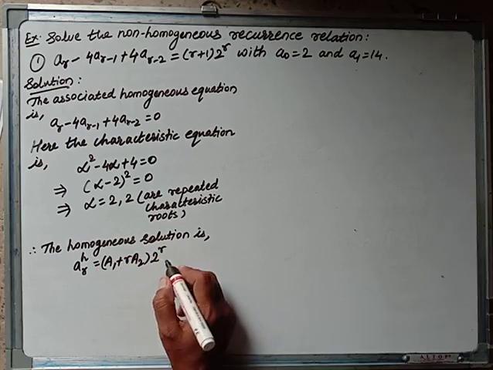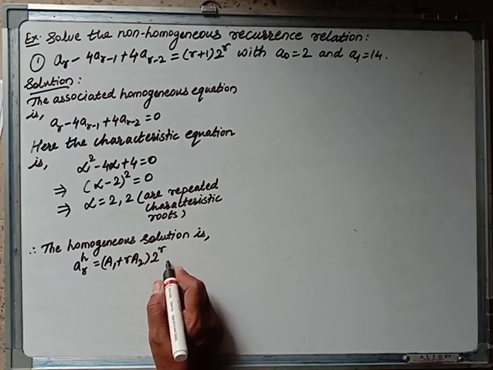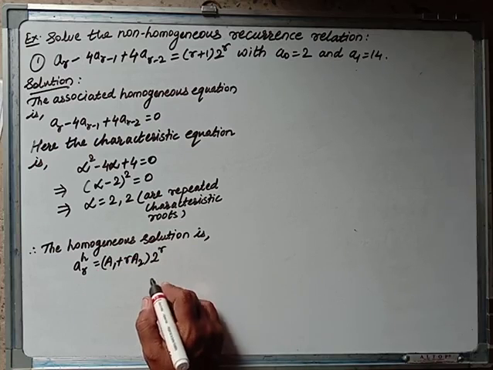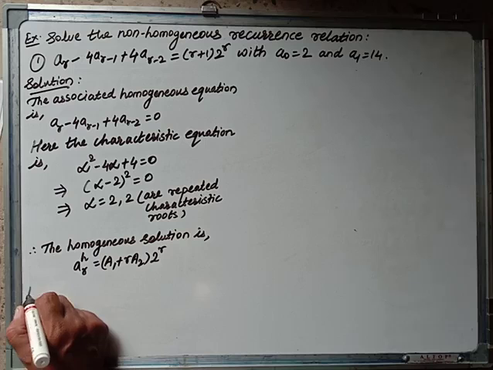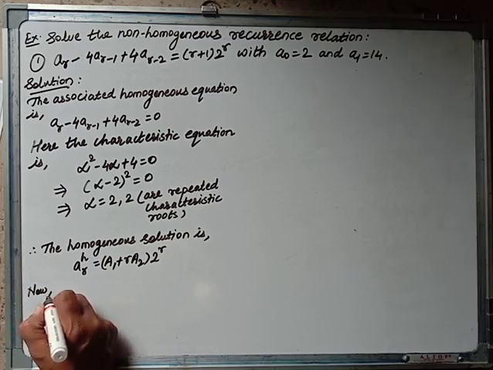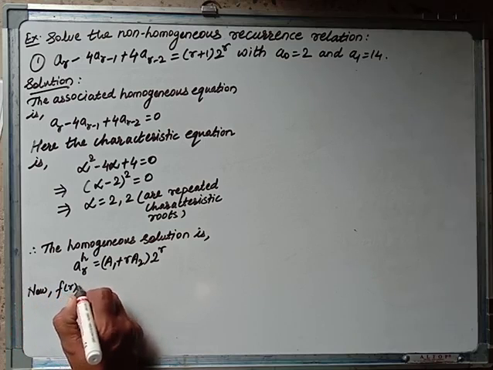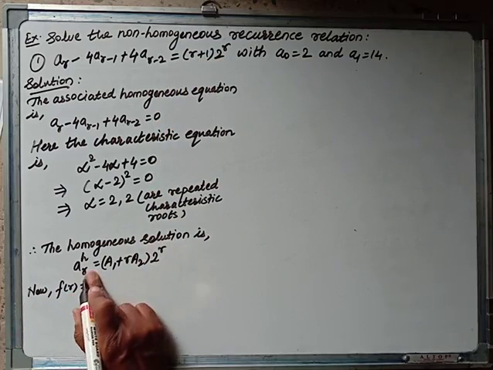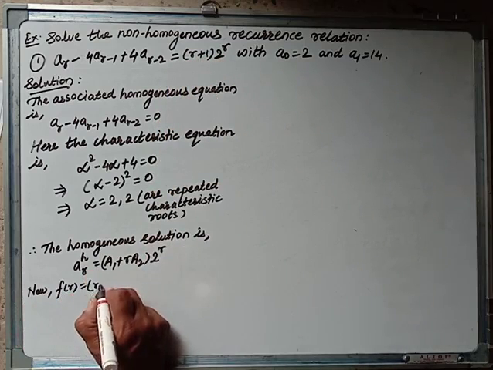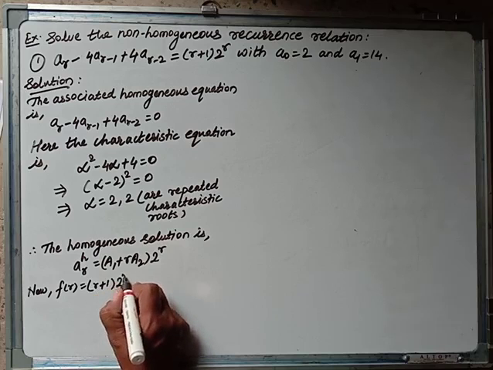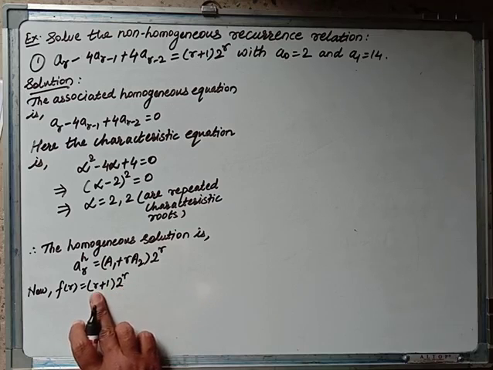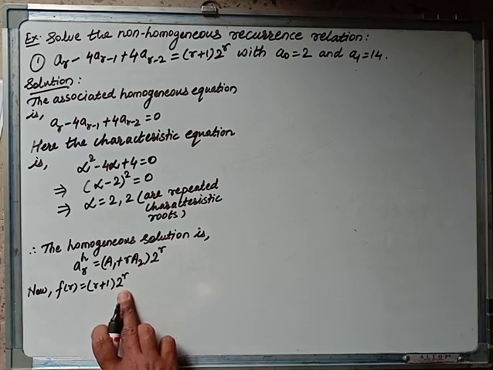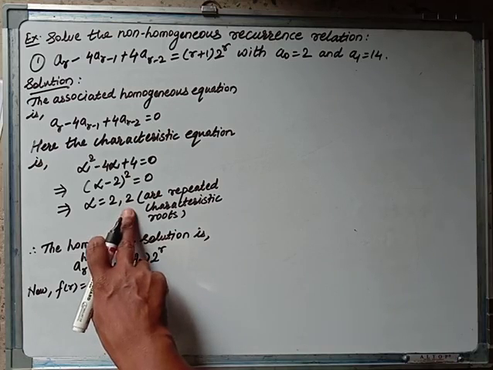Fine. So now this is the homogeneous solution. We will go for the particular solution. For that we have to check what is f of r. f of r is (r plus 1) into 2 raised to r. So this is of the kind polynomial into lambda raised to r. So now lambda is the root here.